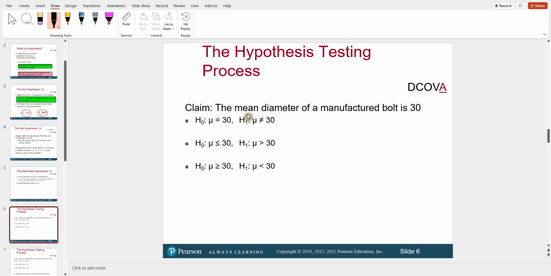So these are different types of hypothesis tests. You can have a not equal to, a greater than, or less than in your alternative hypothesis. This here is what you call a two-tailed test. Not equal to is two-tailed. Over here, these next two are called one-tailed tests.